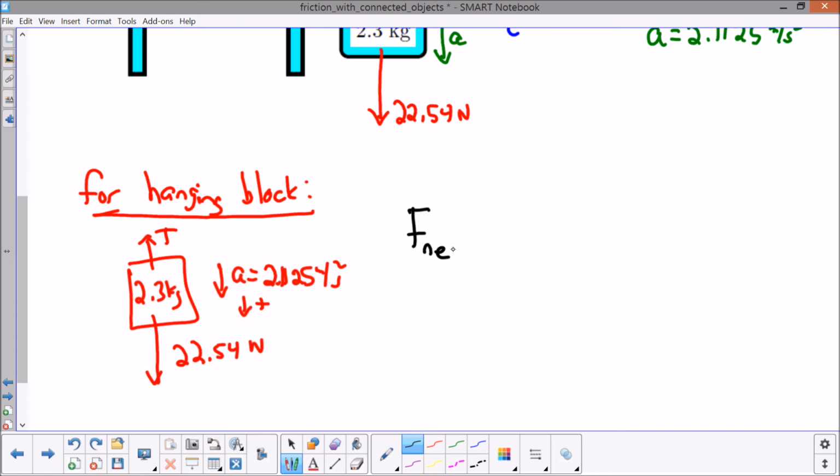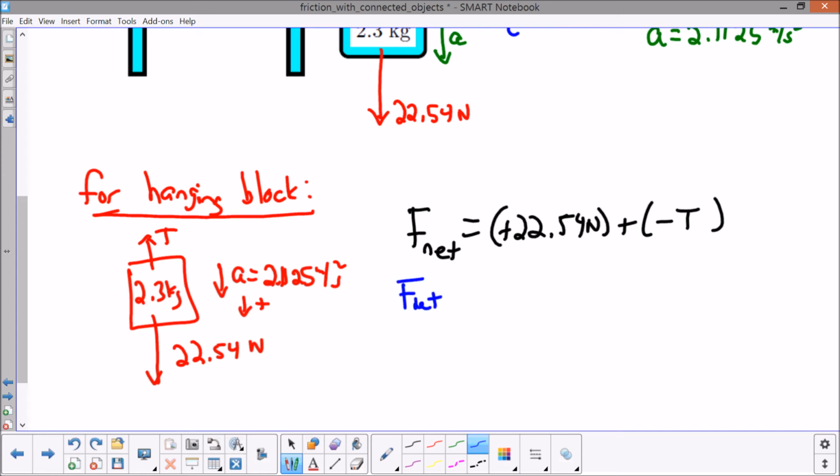So looking at this hanging block, the net force on the hanging block is positive 22.54 newtons plus negative T. Again, the tension is acting upwards, so it's negative. The net force on this hanging block is also the mass of the hanging block, which is 2.3 kilograms, times 2.1125 meters per second squared.